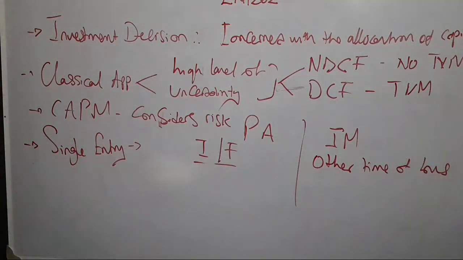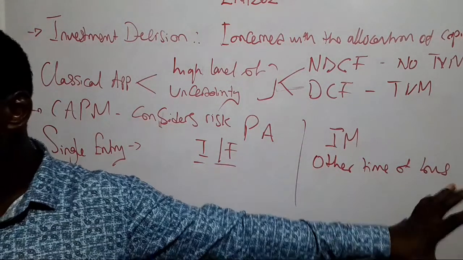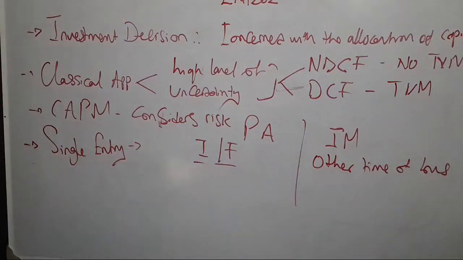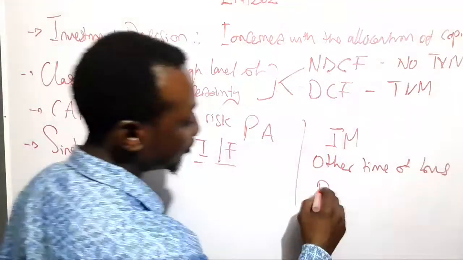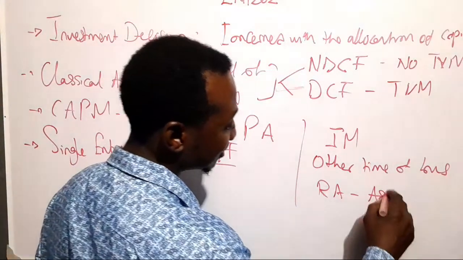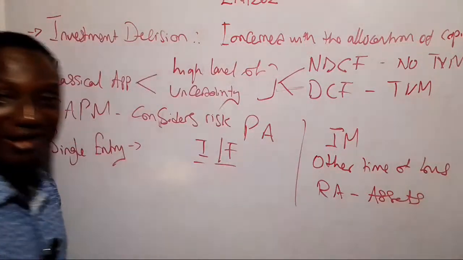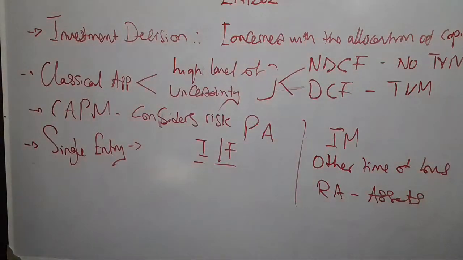So under impersonal accounts, we have the real account and we also have the nominal account. The real account is the account of assets of a business, such as building, machinery, vehicles, land, stock.